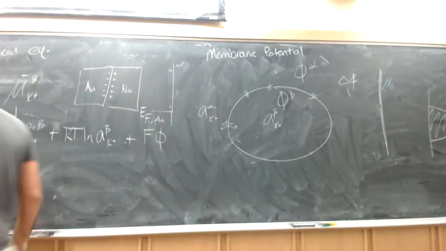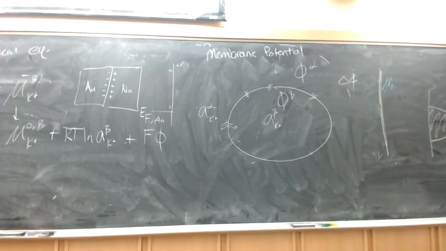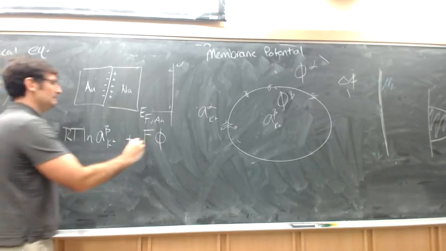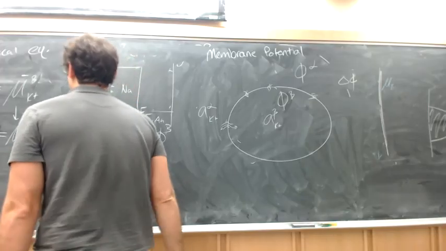And what's on the other side? Well, it's the same stuff, right? It's going to be mu naught K plus alpha plus RT ln activity alpha K plus, plus F phi in alpha, and I better put in beta here so we don't get confused.